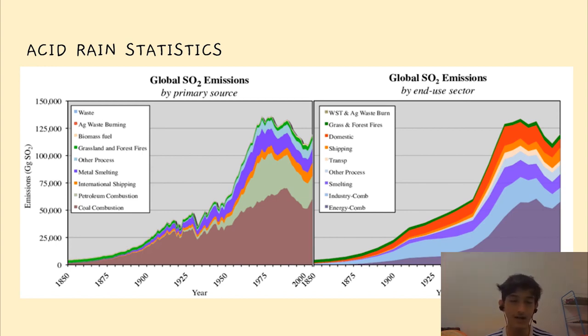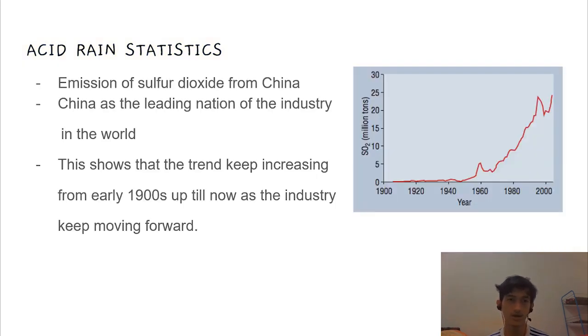The increasing sulfur dioxide emission will also lead to increasing acid rain, because sulfur dioxide will react with nitric oxide to produce acid rain. This is the graph of the emission of sulfur dioxide in China.